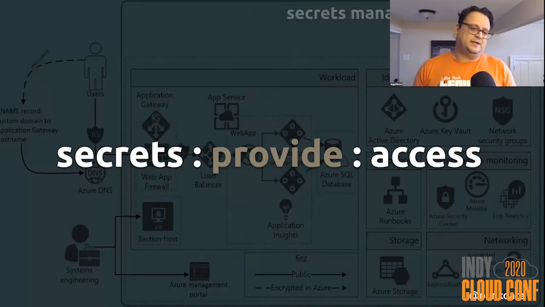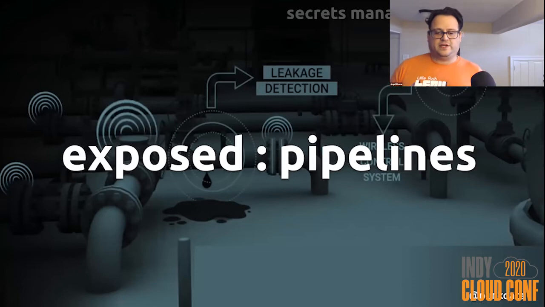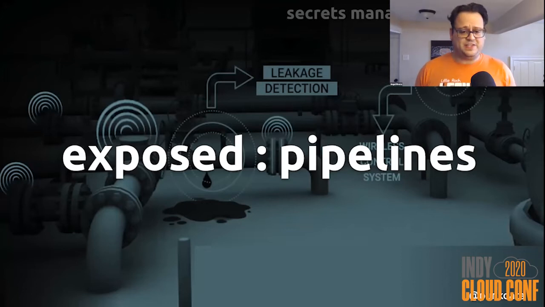Secrets are definitely a big part of getting stuff done within our day-to-day jobs, and within our automation as well. But we do have issues. Our pipelines in certain tools, and I would say most tools, are exposed when we're talking about secrets, because there are some deficiencies, and they're just native to the tooling.